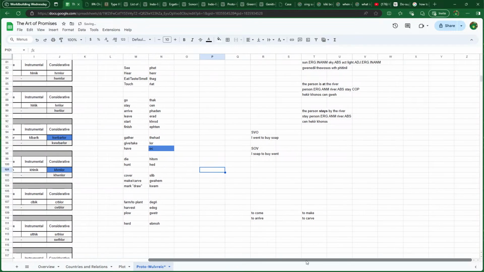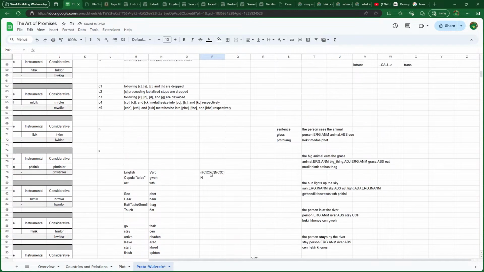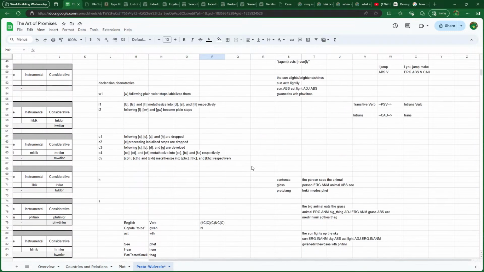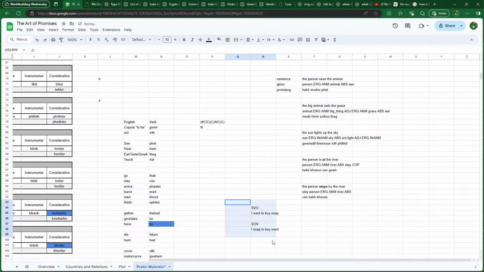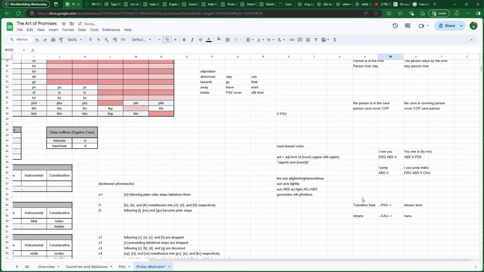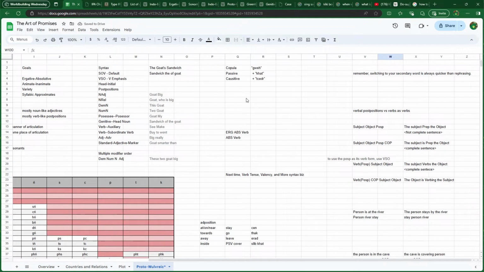That works. That's a cool word, Guaham. It fits our phonotactics, sure, why not? So, now we've got some of this going on.